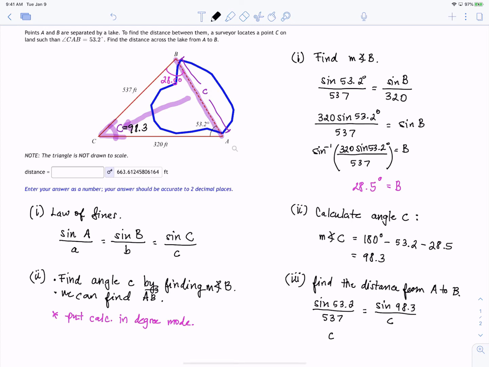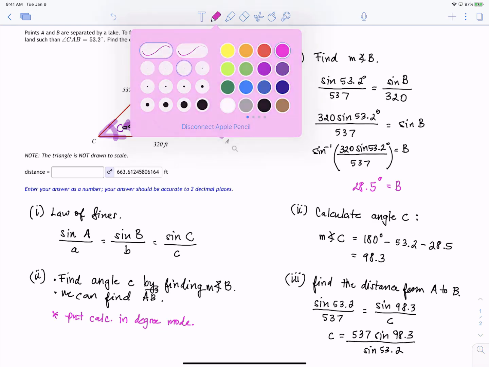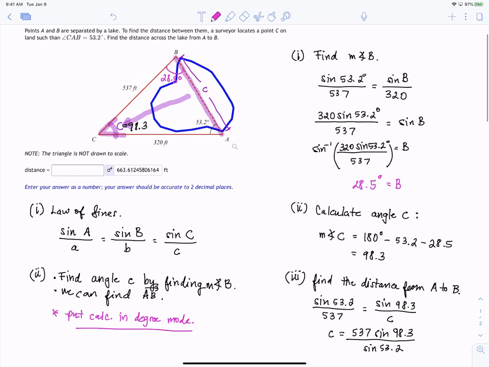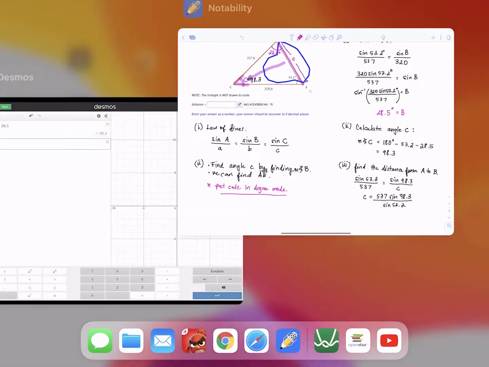So this means that C will be equal to, solving the proportion, 537 times sine of 98.3 divided by sine of 53.2. So when you do this, once again, make sure that you are in degree mode, right, like here. And so let's go ahead and put that in the calculator.